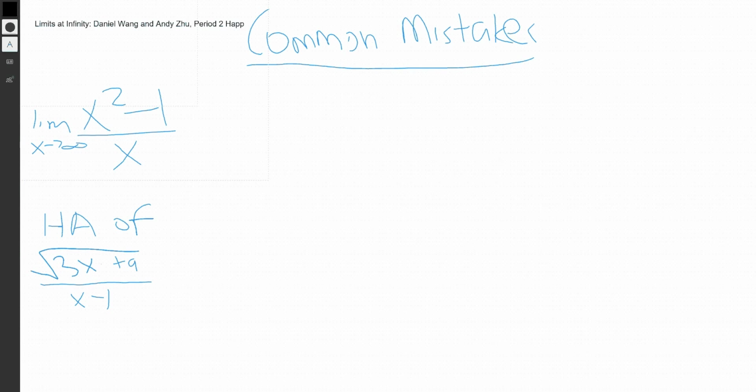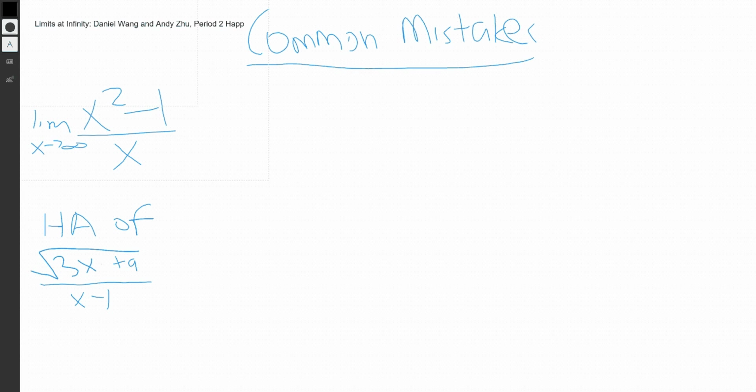So when taking limits to infinity, there are some common mistakes. The first mistake can be illustrated with the example limit as x approaches infinity of x squared minus 1 over x. A lot of people will divide by the highest power they see, which is x squared. But this is not good. You should divide by the highest power in the denominator.